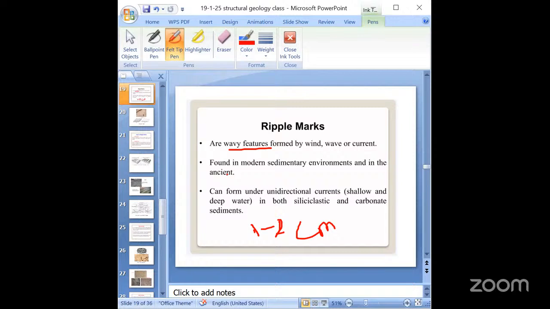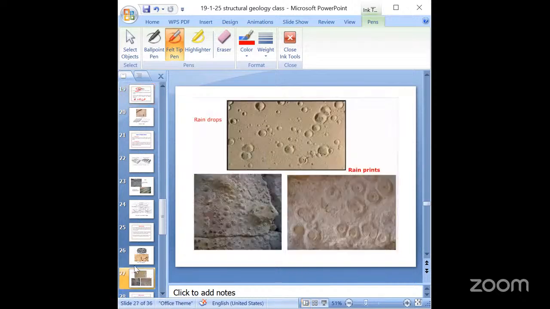These are used to describe ripple morphology, right? The steeper face of a ripple dipping in the down-current direction is called the lee face, L-E-E.